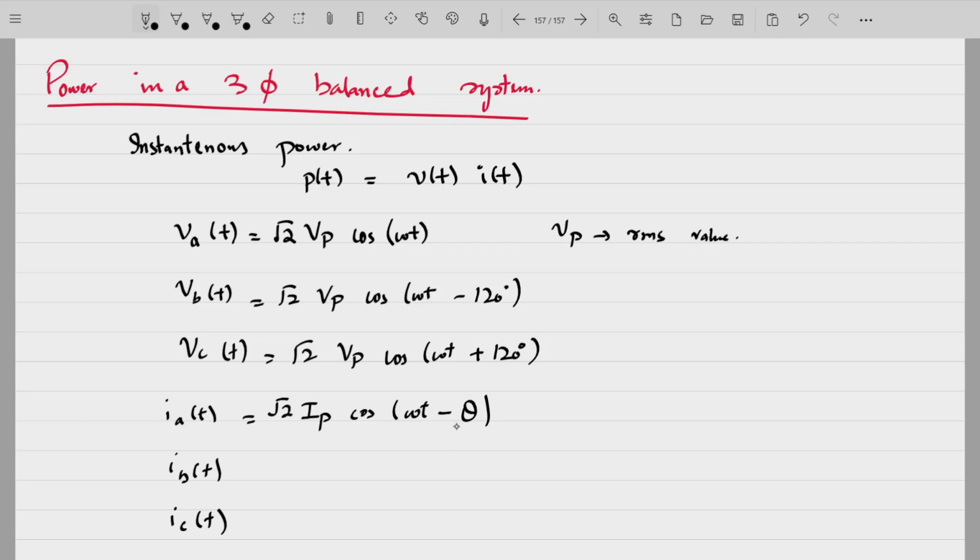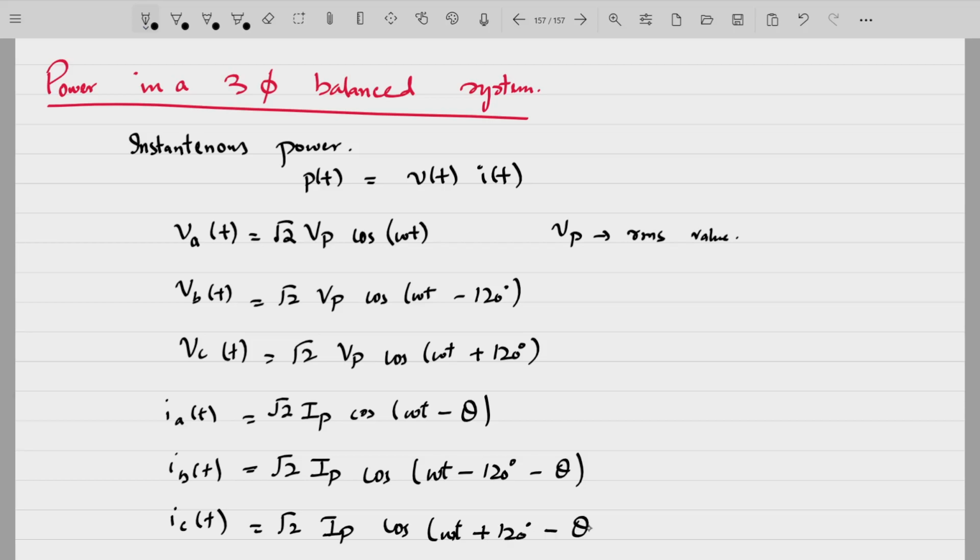So theta is the phase difference between Va and Ia, and therefore ib will be root 2 Ip cos of omega t minus 120 degrees minus theta, and ic(t) will be root 2 Ip cos of omega t plus 120 degrees minus theta.